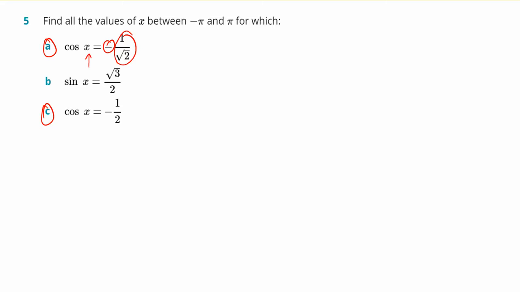Okay, so if you remember your table values, the basic angle for cos which gives me 1 on root 2, or it's the same thing as root 2 on 2, if you use the fingers, would be pi on 6 for cos. So how does this help me?